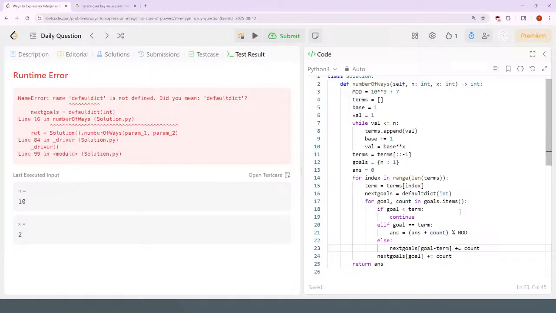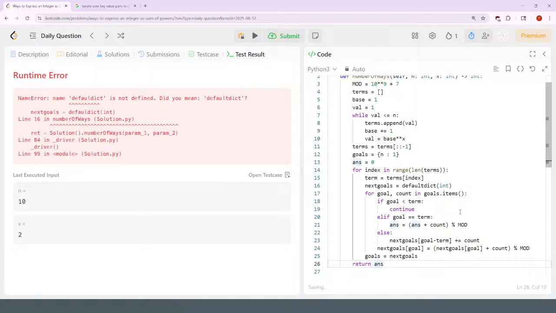Where do I need to put this mod? Maybe here. Oh, I need to also assign the next goals to become goals at the end of the loop. Maybe that works. Might need to use mod on this.